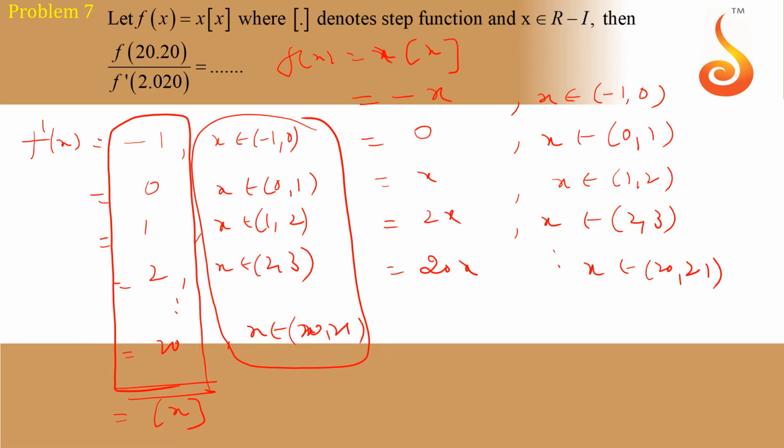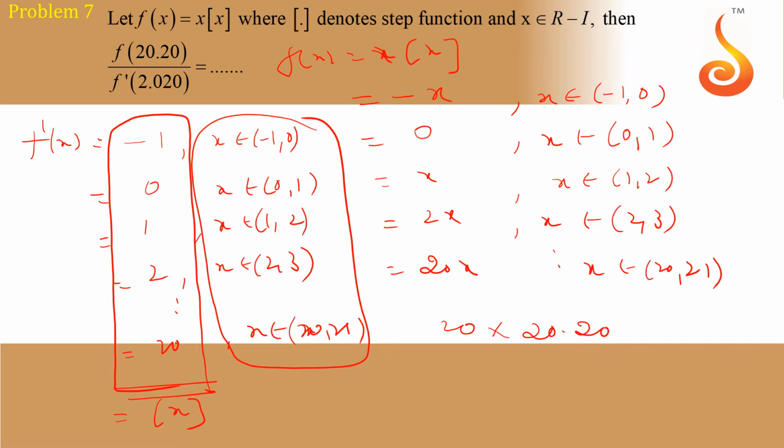Now what I ask is f(20.20). So what is f(20.20)? Can I say it is 20 into 20.20? Because what is the definition of f(x)? x into [x].